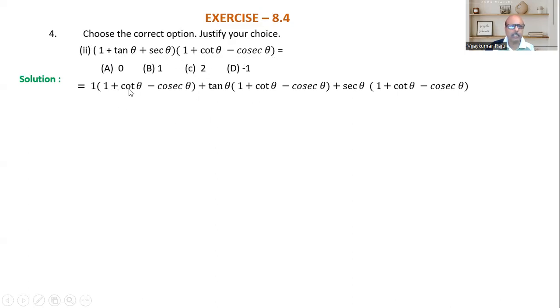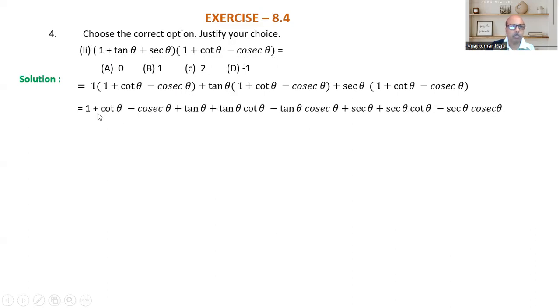So 1 into 1 is 1, 1 into cot is cot, plus minus 1 into cosec. Tan into 1 is tan, tan into cot, minus tan into cosec, plus sec into 1 is sec, plus sec into cot, minus sec into cosec. Now let's see here.